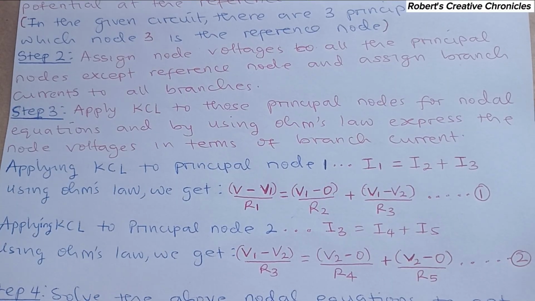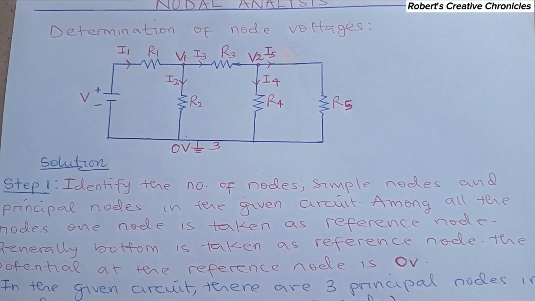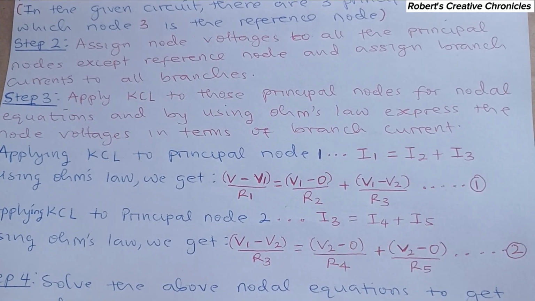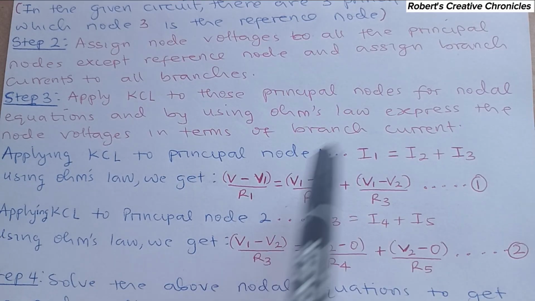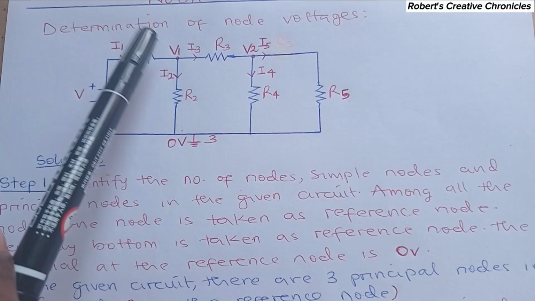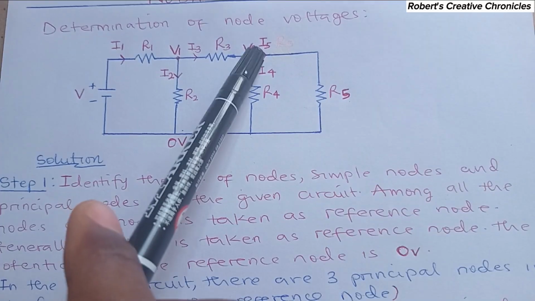Then I5 is V2 minus 0 over R5. So the logic of finding the current: you find the resistor. This current I3 is moving from a higher potential V1 to a lower potential V2.